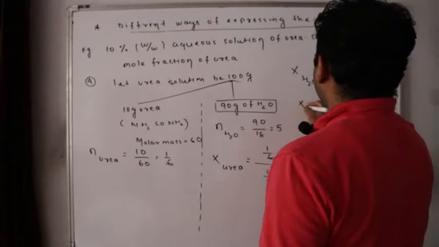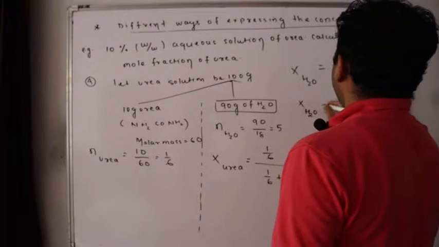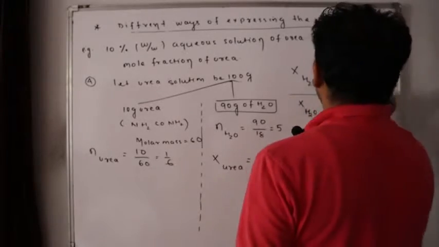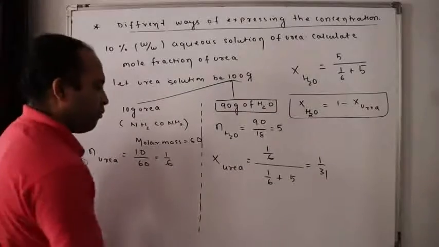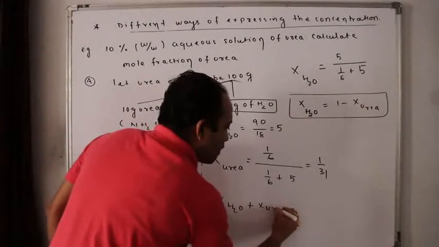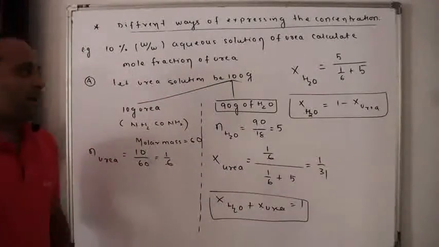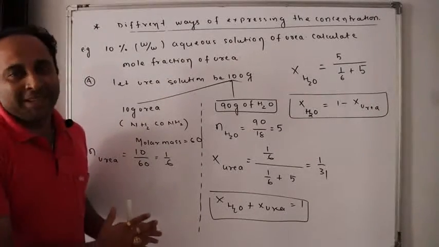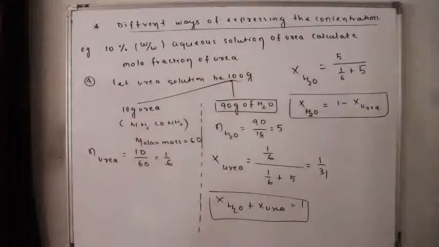Or can we write like this, mole fraction of water is equals to 1 minus mole fraction of urea. Is it enough? Why? We know that mole fraction of water plus mole fraction of urea will be equals to 1. Am I loud and clear? Did I make this concept very clear? Please copy it down and pause my video for the next question.